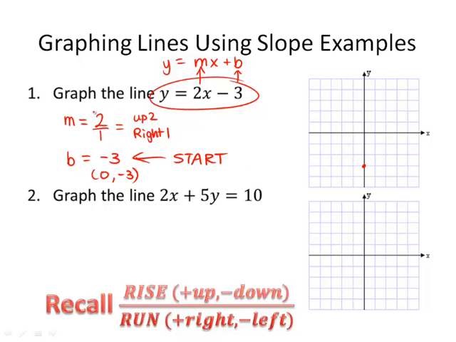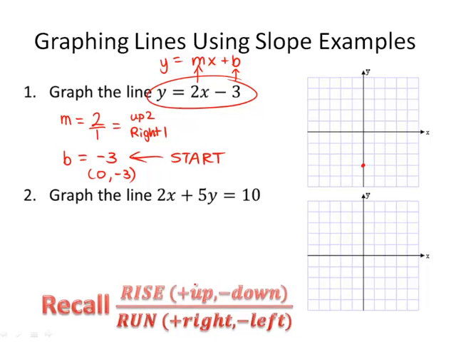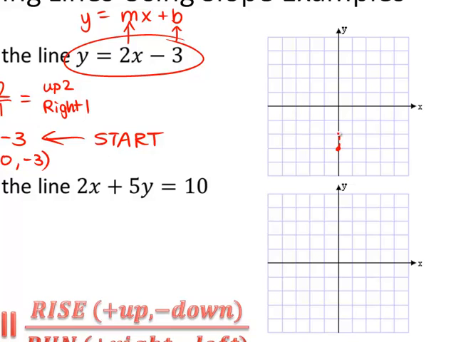And then we can follow the directions of the slope, based on the rise and the run. So we're going to travel up 2 and right 1. And we can keep traveling that way to form more and more points. All of these points should make up my line.